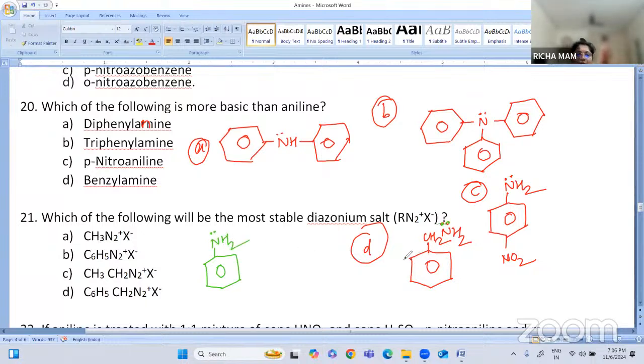Why are you saying benzylamines are more basic than anilines? What will be the reason here? Bhuvan has answered: electron withdrawing group CH.